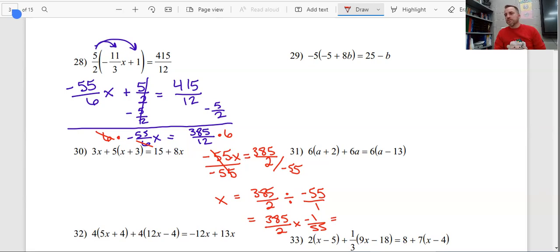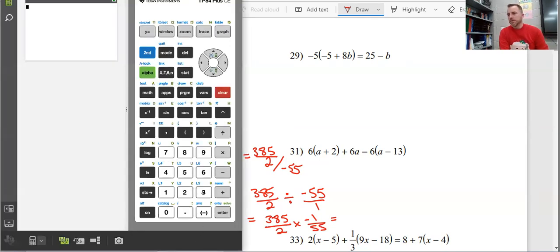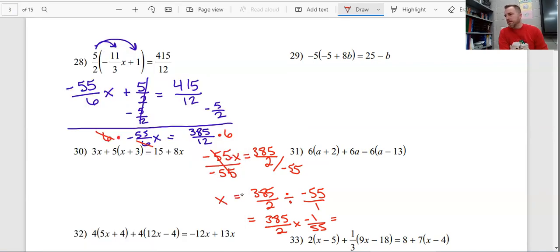And there are lots of ways to go about simplifying this. We could divide the whole thing by 5. I'll just pull out the calculator. We can do 385 times -1. That gets us -385. I decided to do something different.